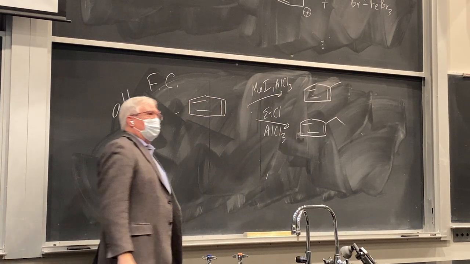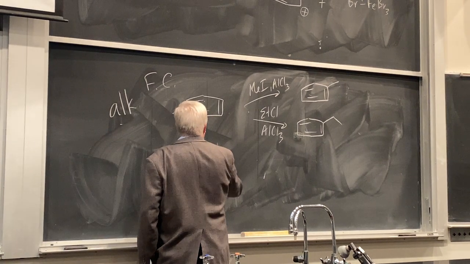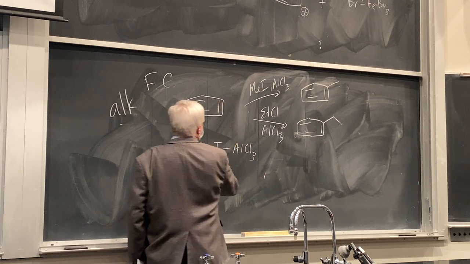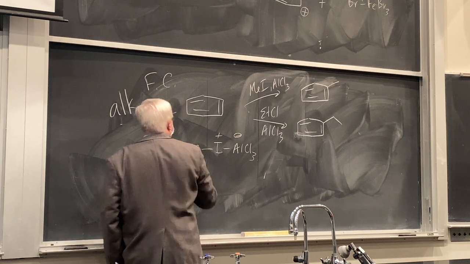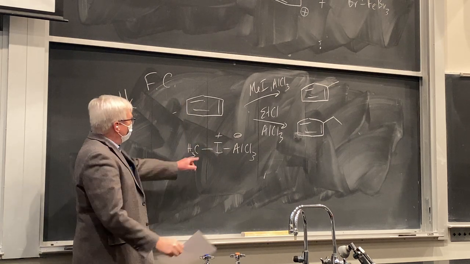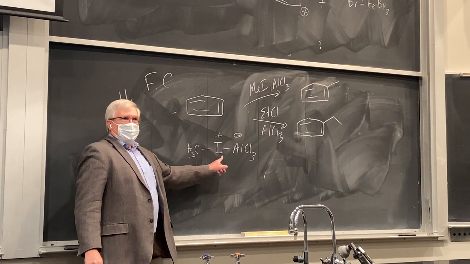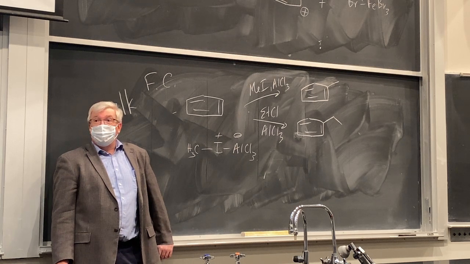So how do these work? Well, it's the same complex, same idea here. The aluminum coordinates a lone pair on the halide and CH3. Now before in our mechanism we did what? We broke this and we had a carbocation. It was more like an SN1 type reaction where we ionize first through a carbocation.